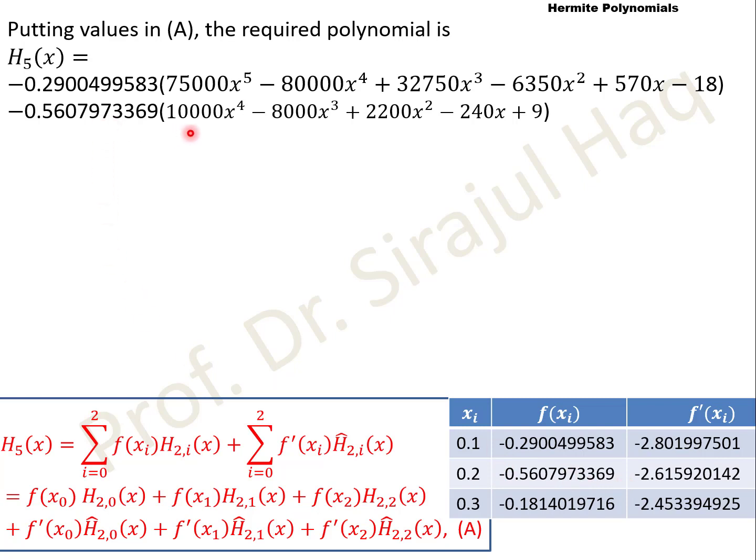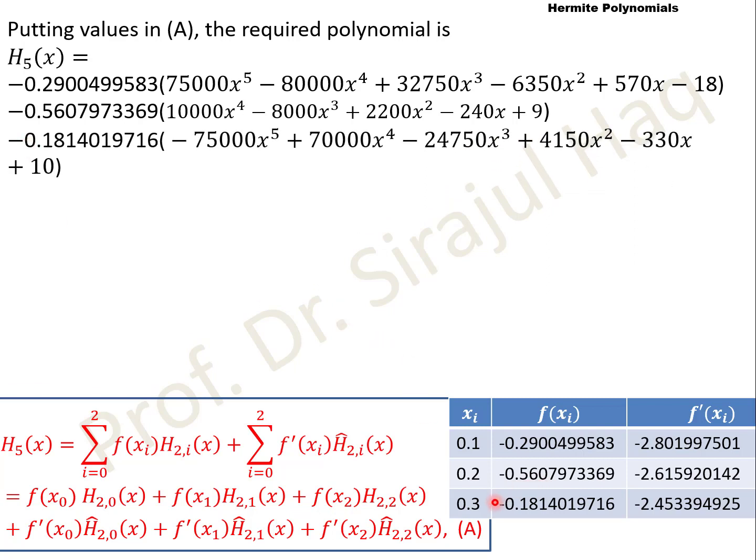And h21 is the polynomial which we computed already. And f of x2 is minus 0.18140197716. That is the value over here, you can see. Multiply by h22. So this is the value of h22, that's the polynomial of degree 5.